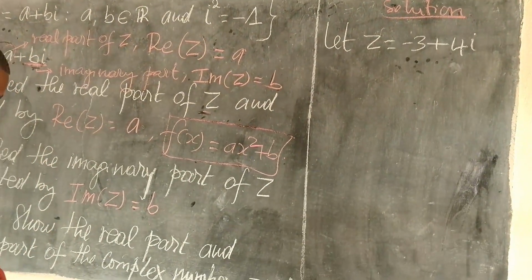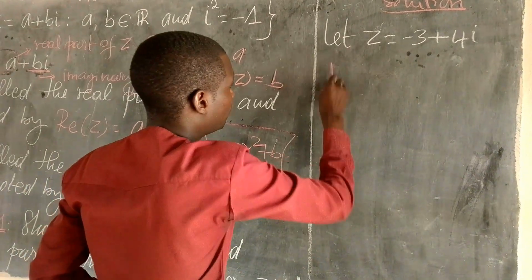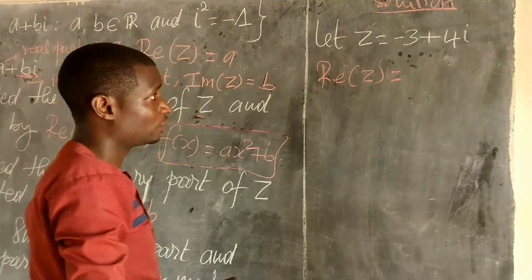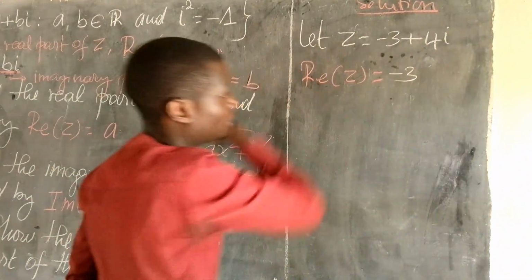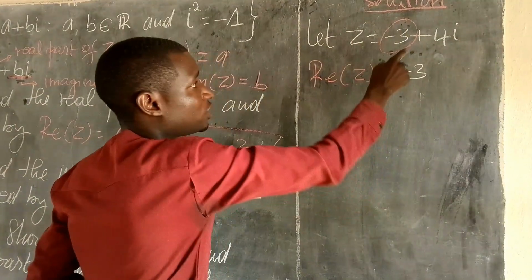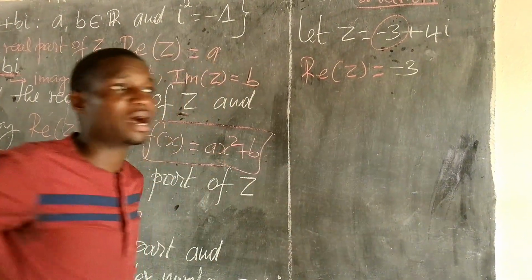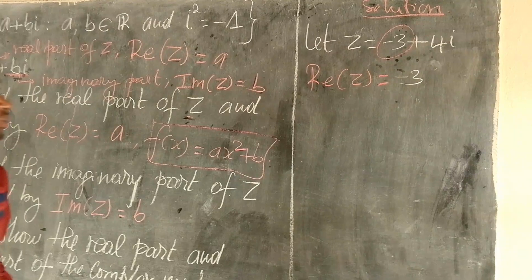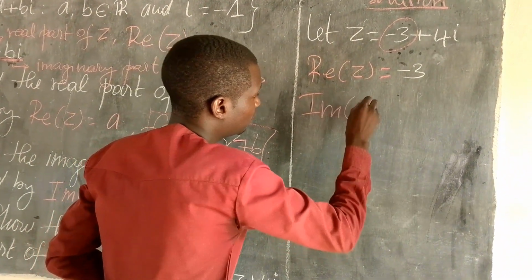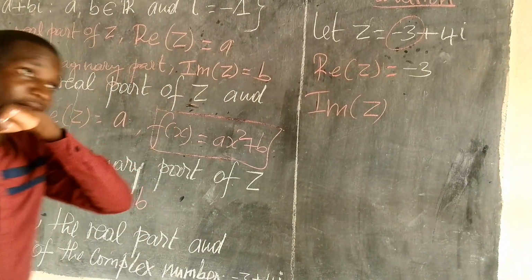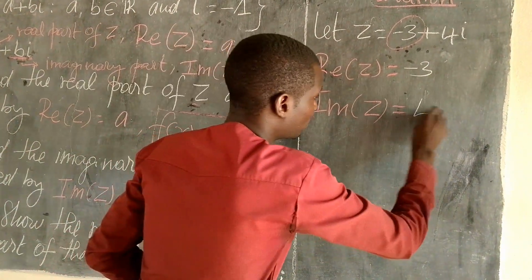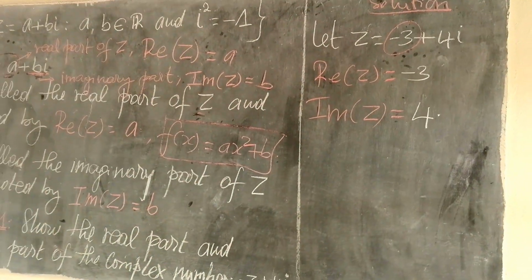Then the real part of z equals negative 3, because this is the part which does not include i. The imaginary part of z equals 4.